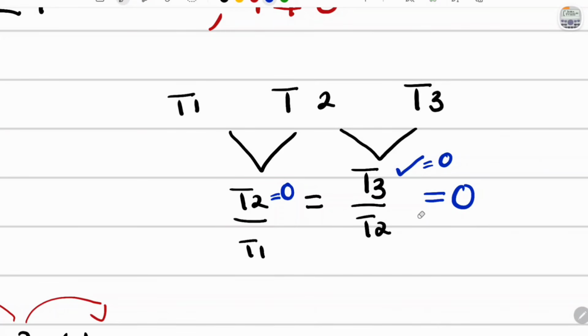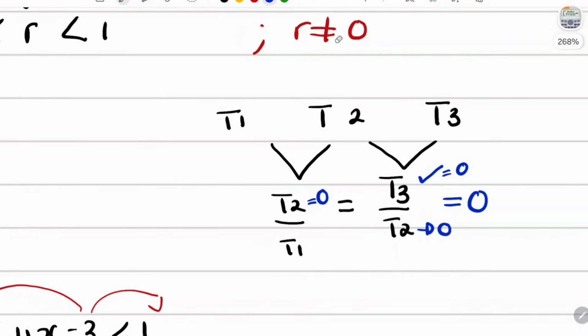But you can see how that is not possible, because if you're already saying that term 2 is equal to 0, to find the ratio you must say term 3 divided by term 2. Well, term 2 is 0. So if you divide by 0, what happens? You end up getting an undefined value. That's the reason why we cannot let the ratio be equal to 0 in a geometric pattern. It's something that we don't really state a lot, but it is a fact. You can't let r be equal to 0.